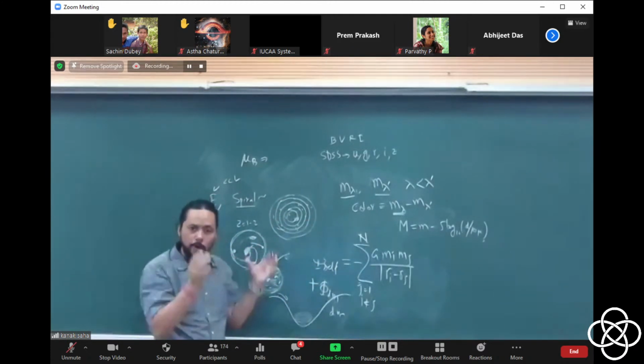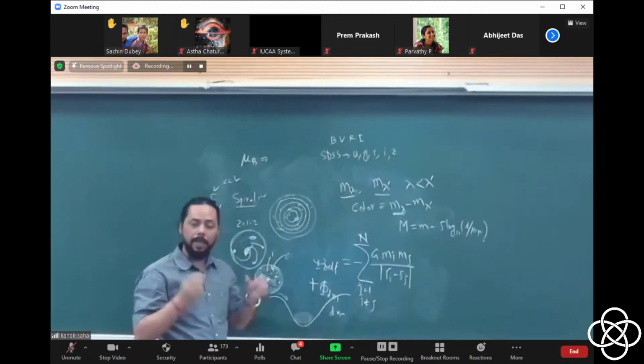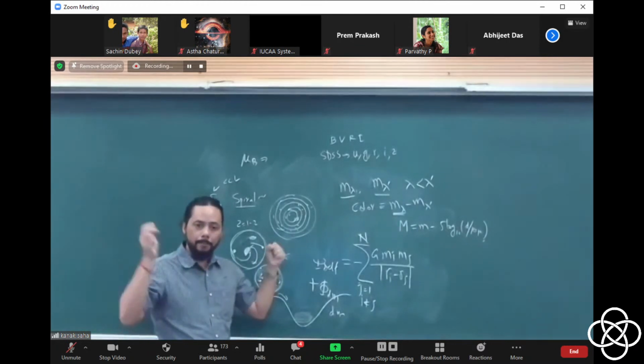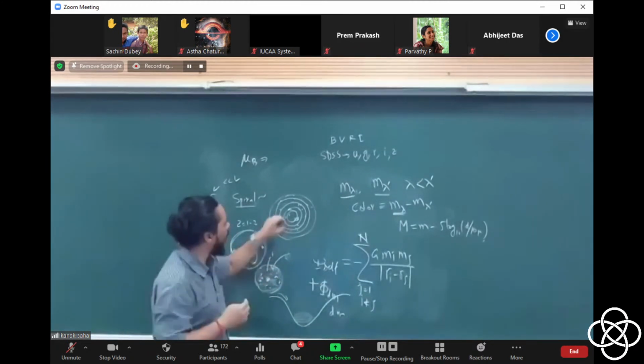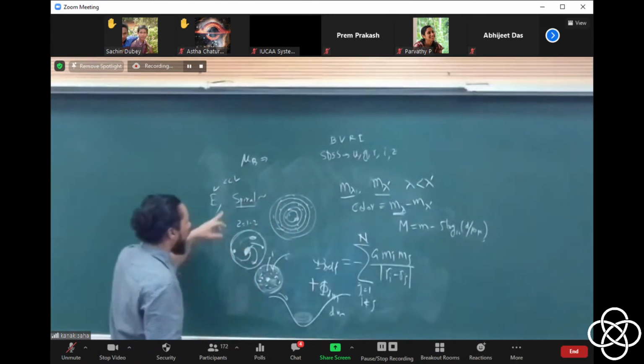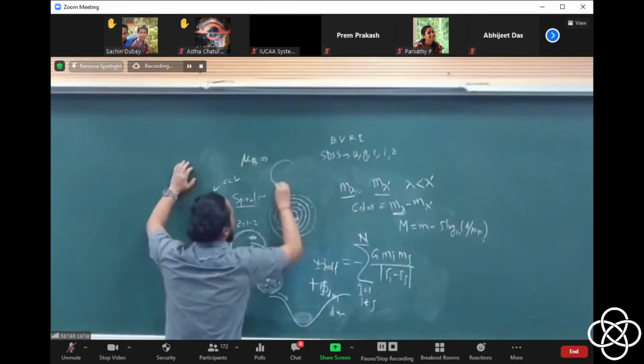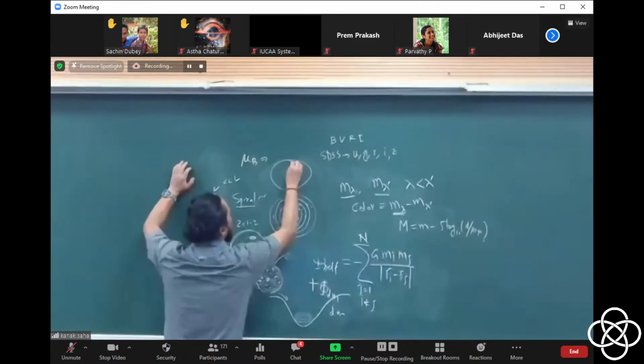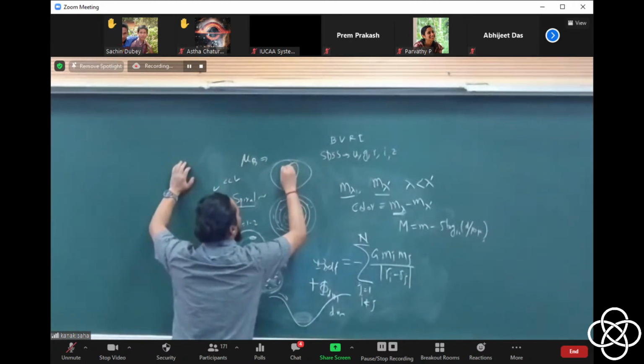So in equilibrium, a spiral galaxy is supported by rotational force against gravitational collapse. In the case of an elliptical galaxy, the stars would go like this.